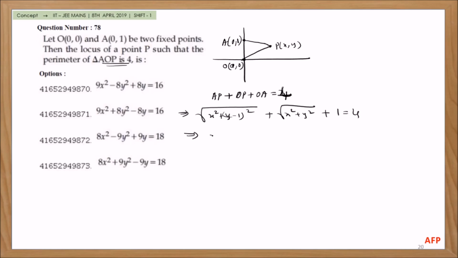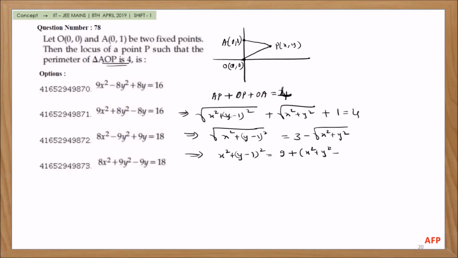So this implies the square root of x square plus (y minus 1) whole square is equal to 3 minus the square root of x square plus y square. Send the terms to the other side, and in the next step square on both sides: x square plus (y minus 1) whole square is equal to 9 plus x square plus y square minus 6 times the square root of x square plus y square.